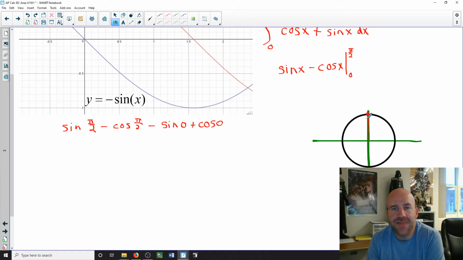So if we think about this length being 1, and we remember the fact that our cosine value is an x value, and our sine value is a y value, we can easily evaluate sine of pi over 2. They're asking, what is the y value at pi over 2, which would be a 1.